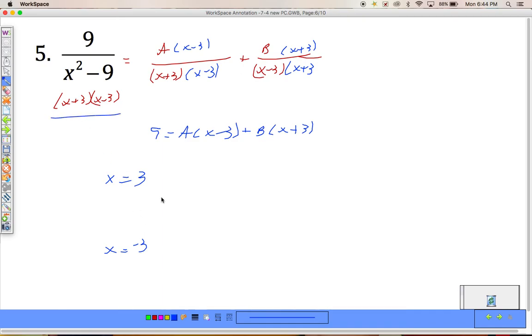All right, so I factored x plus 3, x minus 3. So we've got to know our fraction. It's a very important concept for this lesson. So I put a over one plus b over the other, get common denominators, and I get my equation.